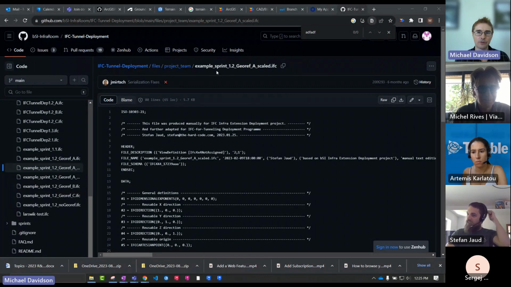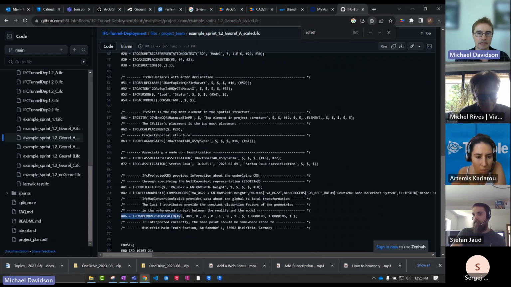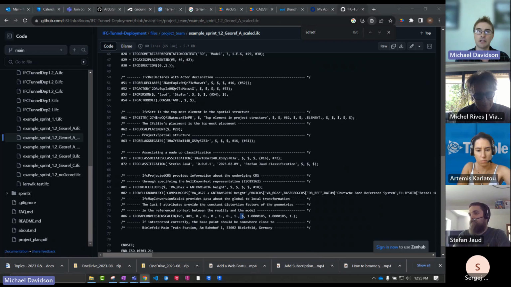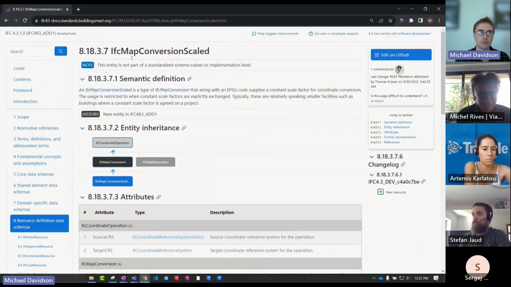So one of the files that we're looking at is from way back in Sprint 1.2, this georef A scaled. And what we're seeing is that in the IFC, number 86 here, IFC map conversion scaled, this entry in particular, the dollar sign. If I'm looking in the wrong spot, please just yell at me.